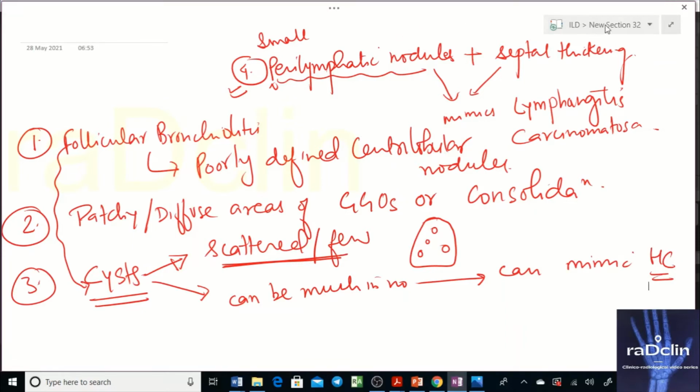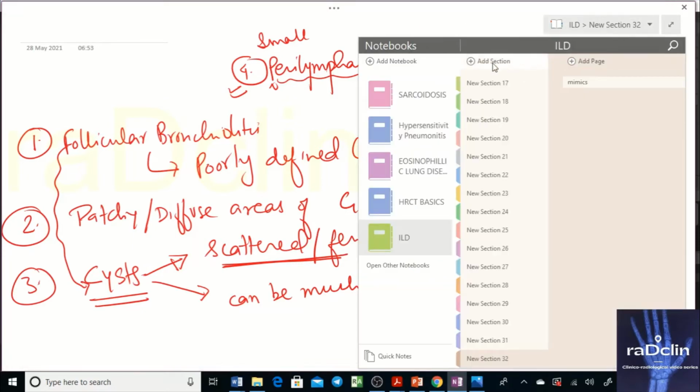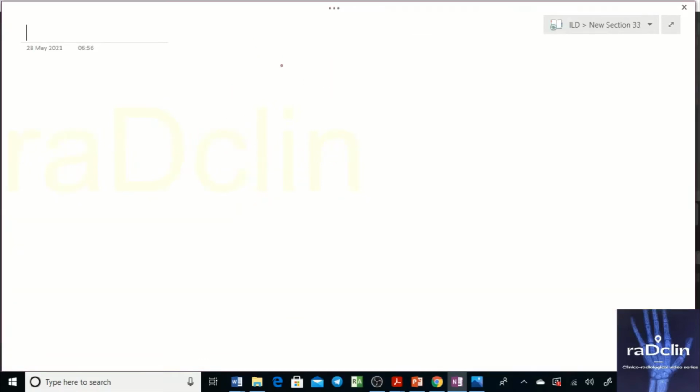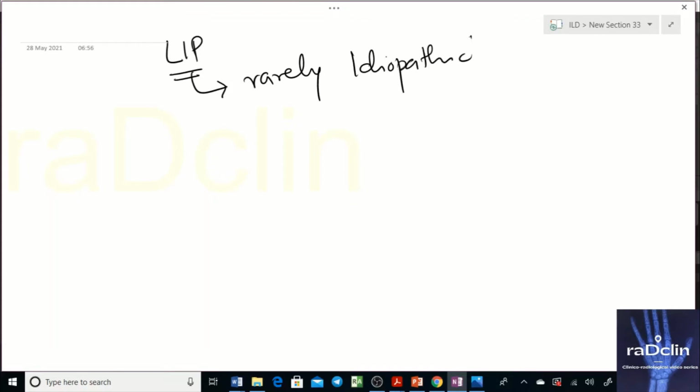And remember this thing, when we talk of LIP, it is rarely idiopathic. It is commonly associated with many diseases, or it could be associated with a particular disease. Example, collagen vascular diseases.